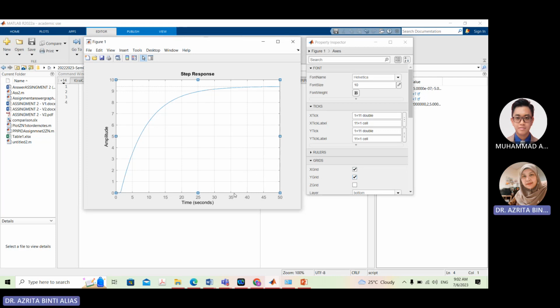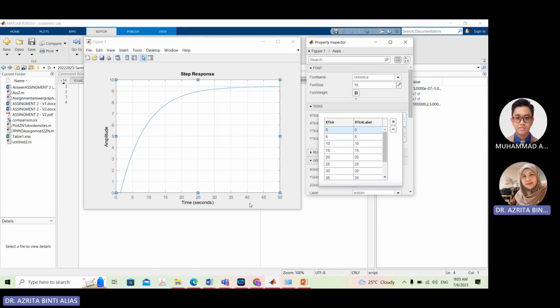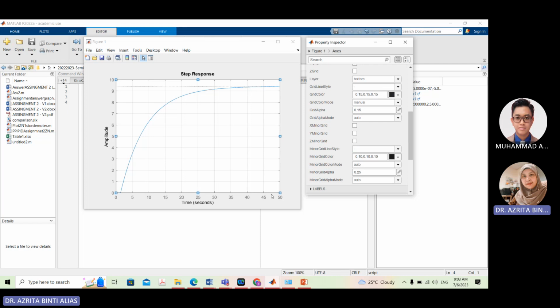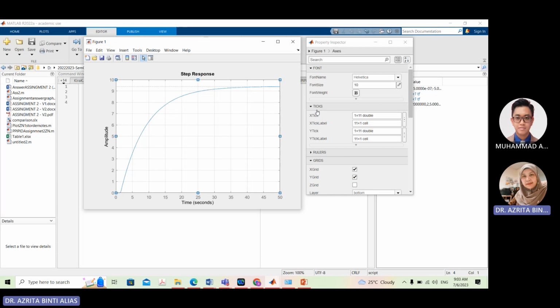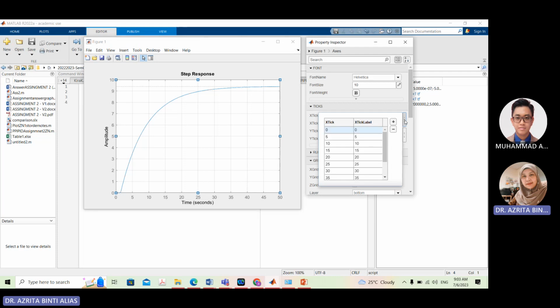So let's say we want to change the x-axis label here. We have here 0 until 15: 0, 5, 10, 15. Let's say we want to display the x-axis as 0, 2, 4, increased by 2. So how to do? You click at here, kat sini, dekat tick. You click this button.